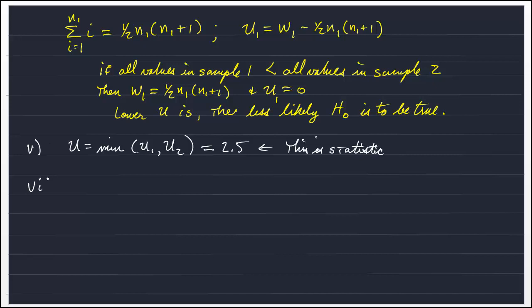And then step 6, of course, we have to define alpha, our significance level. And in this case, let's say it's 5%.